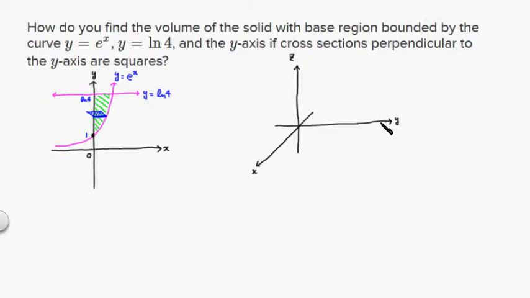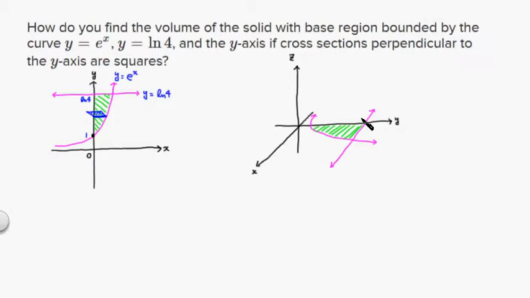So y-axis is there, and the exponential function is going to look something like this. And y equals natural log of 4 is probably looking something like this. It has to be parallel to the x-axis. And the region we are talking about, you just lay this down on the bottom, so we have that.